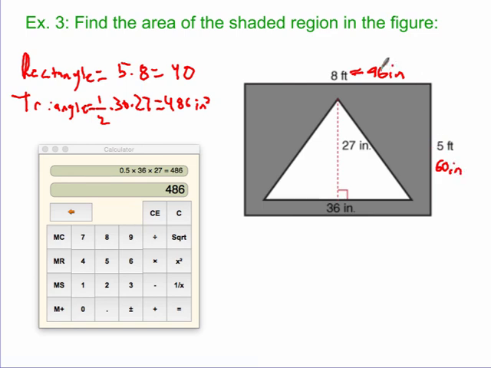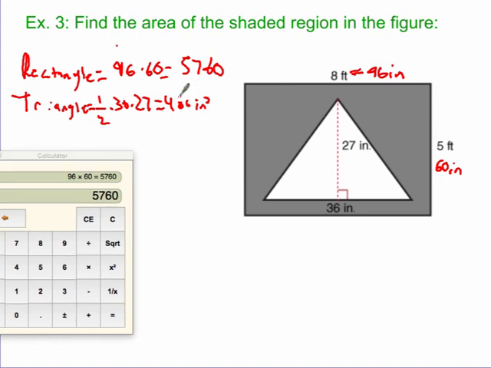So my area is actually 96 times 60, which is 5,760 inches. Quite a bit different than 40 inches.